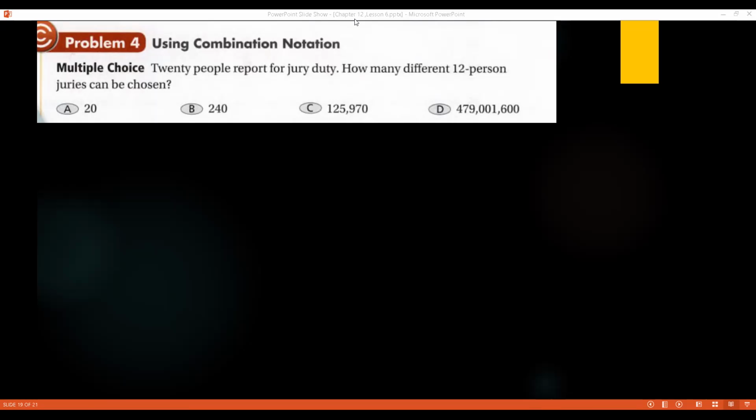So what answer do you get? Teacher, I'm solving it. Combination of 12 from 20. Teacher, I got 1, 2, 5, 9, 7, 0. Excellent.